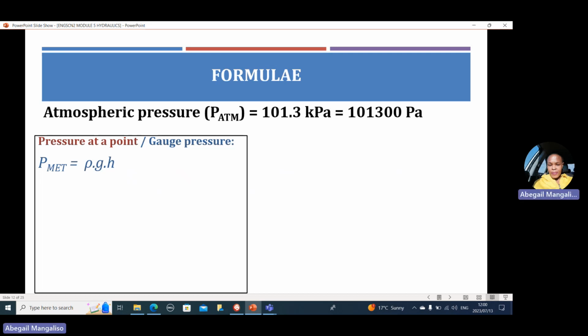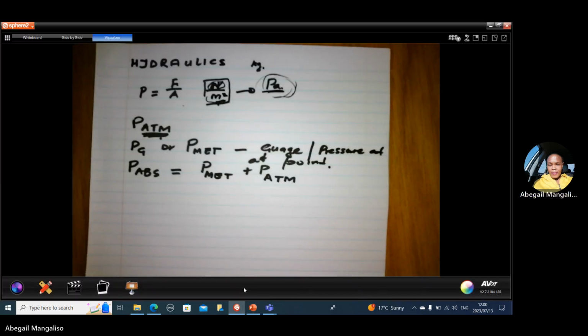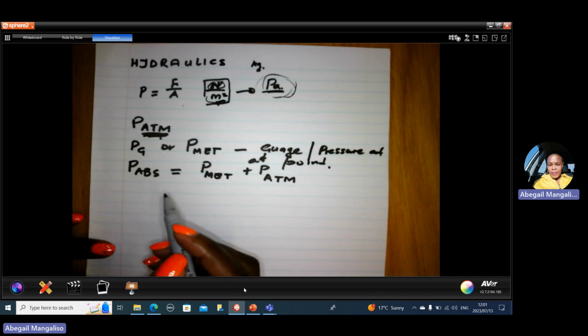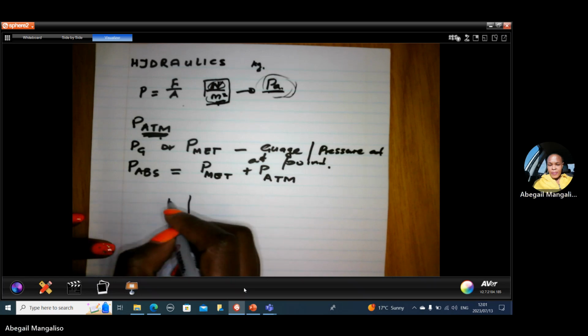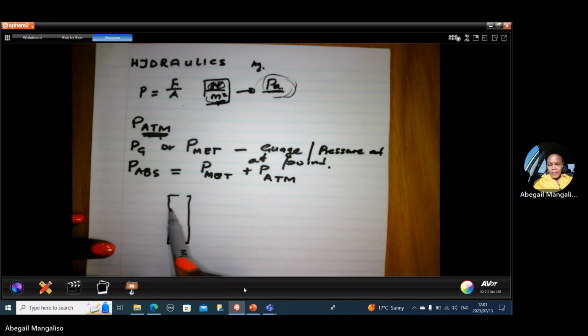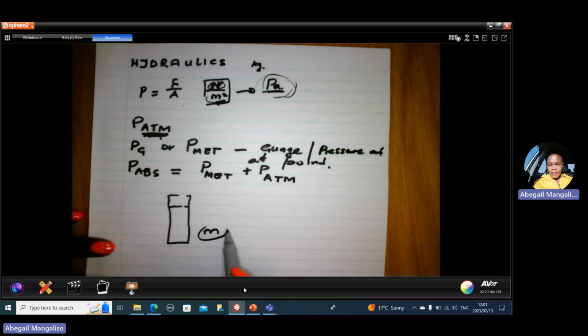Now let's look at how to calculate the pressure exerted by a liquid at a point. If you have a liquid column filled with liquid, the liquid has a mass, and the mass depends on the type of liquid inside, which is called the density, and also on the volume of that liquid.